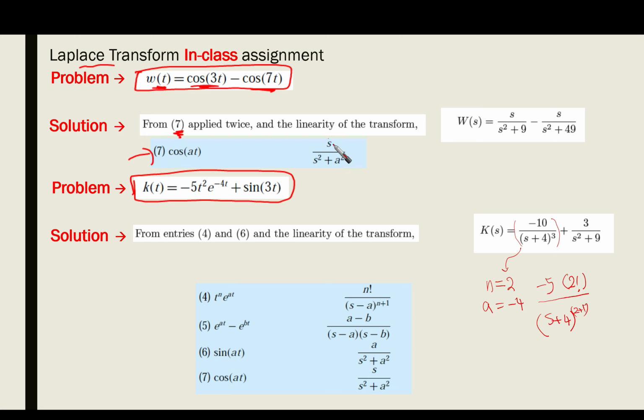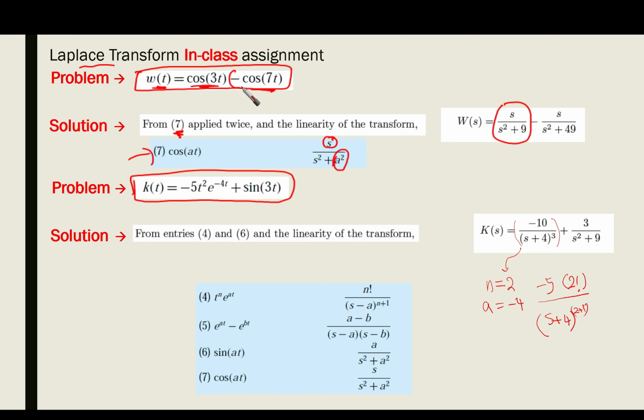So this means that we have s over s squared plus a squared. Cosine 3t, its Laplace transform is s over s squared plus 3 to the power 2, which is 9.